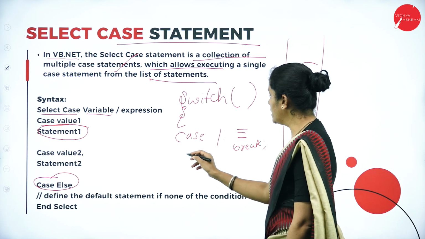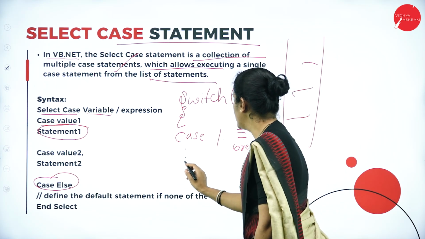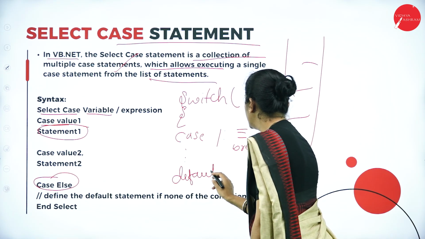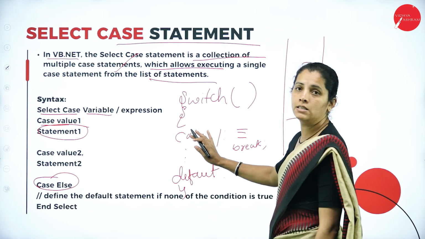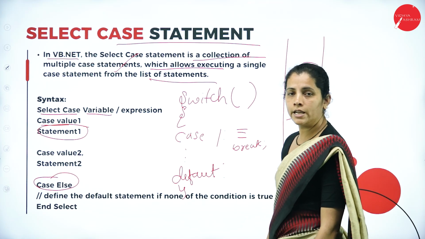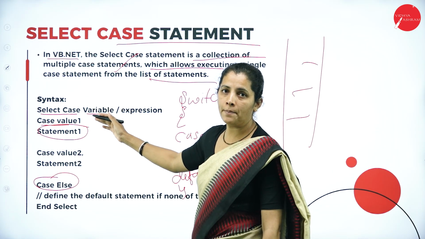Okay, fine. Then case 2, case 3, up to case n. Then I have the default option, and then I close. So this is the C programming switch statement syntax, and this is your VB program.